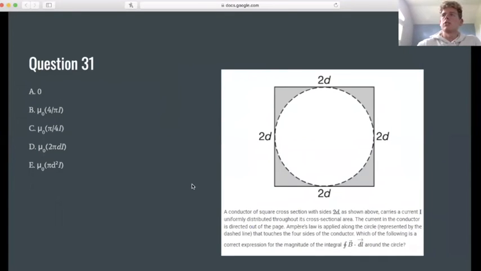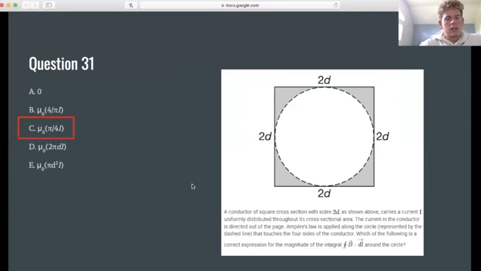For question 31, this is a concept question. Essentially, we're thinking about the ratio between the cross-sectional areas. So we can move on to the answer.